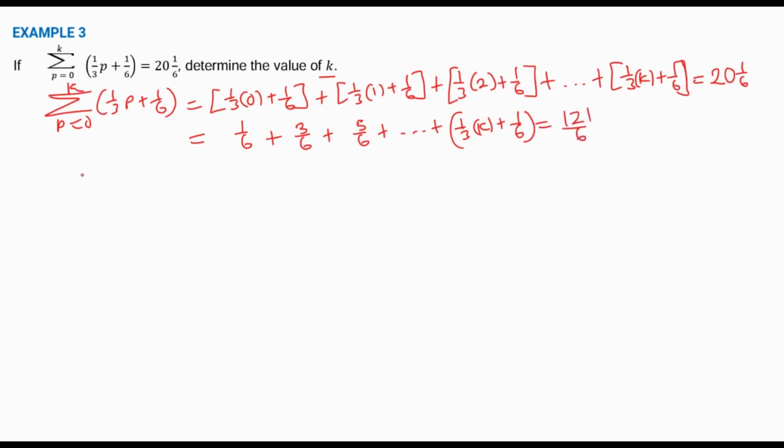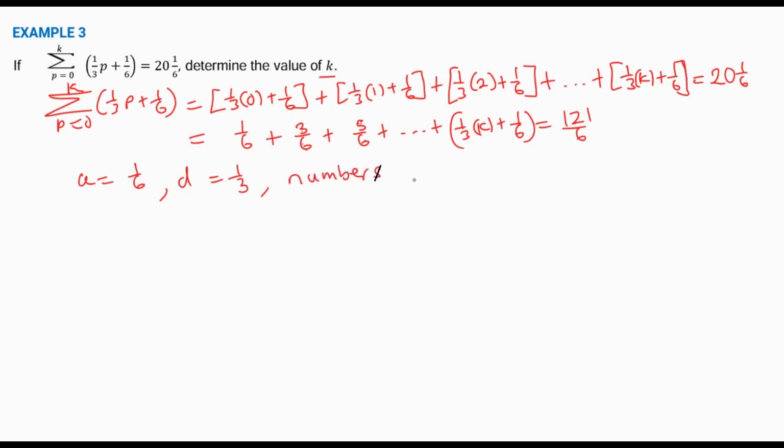From here, our first term a is equal to 1 over 6. Then d, you say 3 over 6 minus 1 over 6, you get 2 over 6, which is 1 over 3. Even here, if you say 5 over 6 minus 3 over 6, you get 2 over 6, which is 1 over 3.